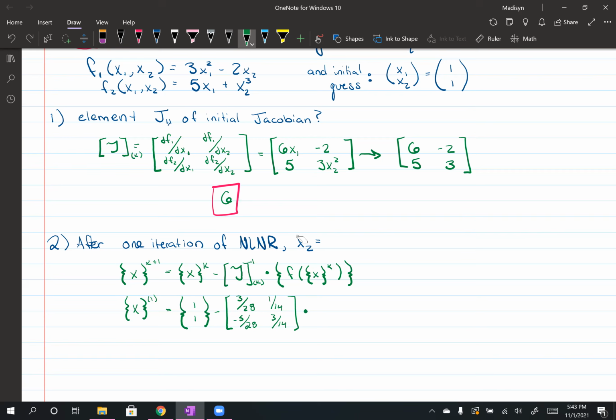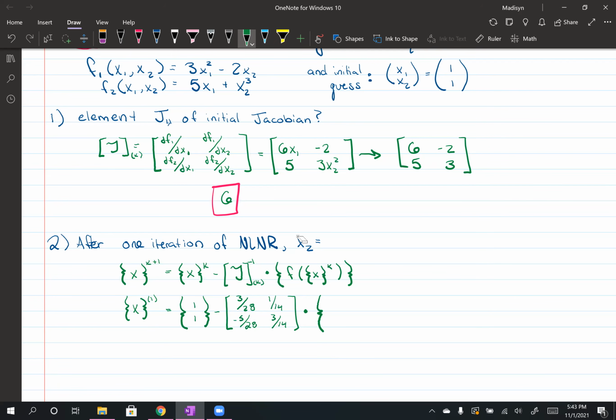Then we multiply that by our function evaluated at our initial guess, or our two functions evaluated at our initial guess.